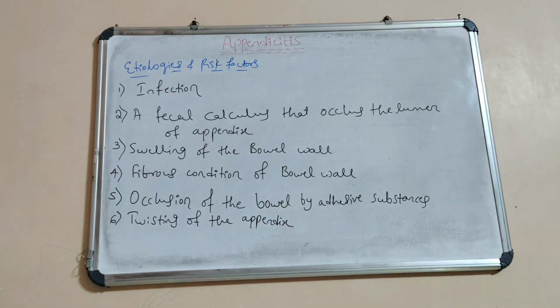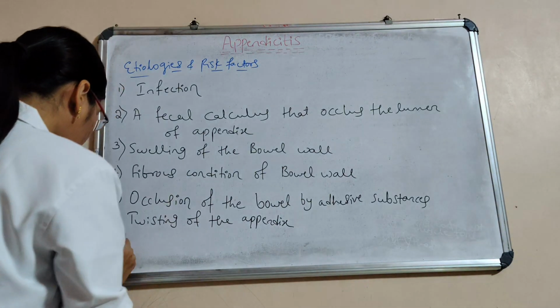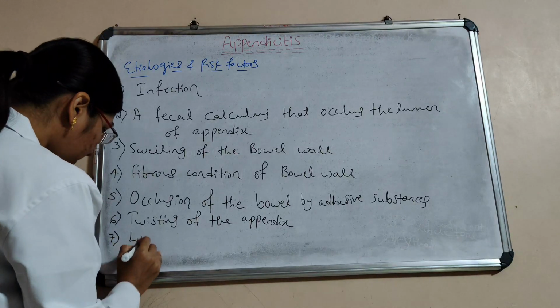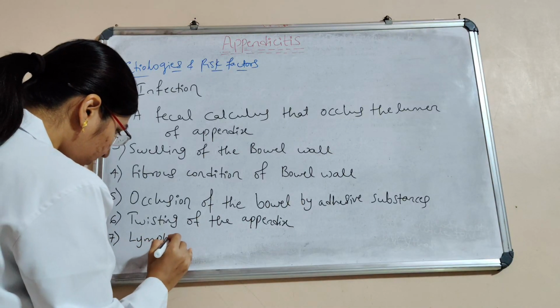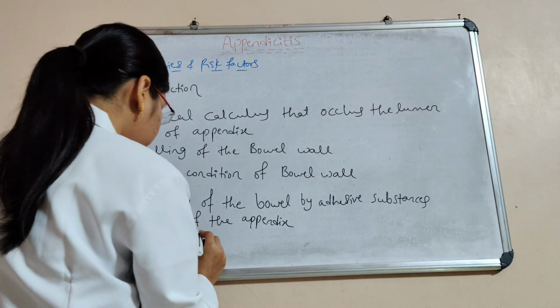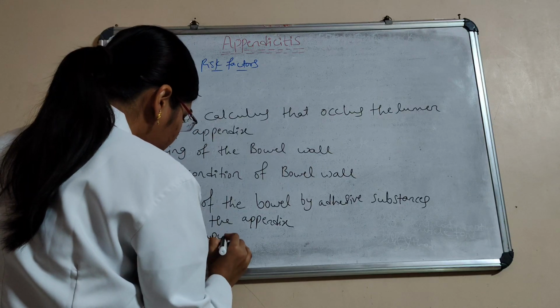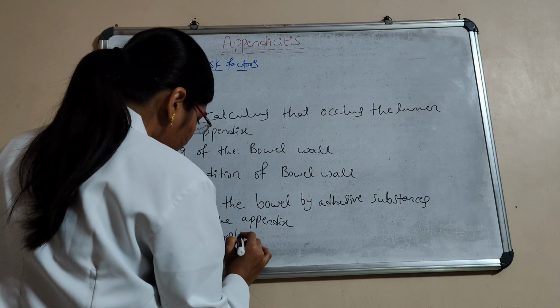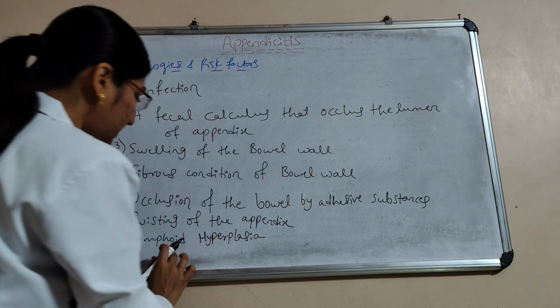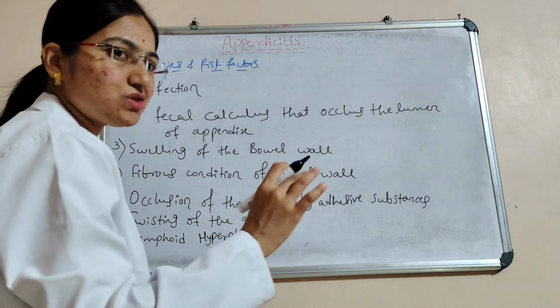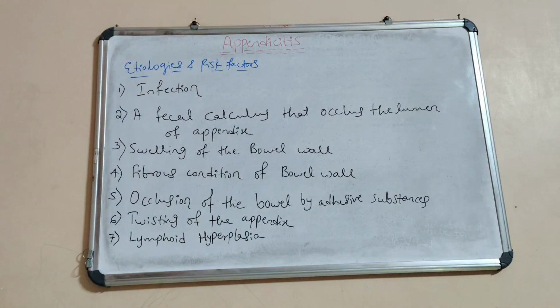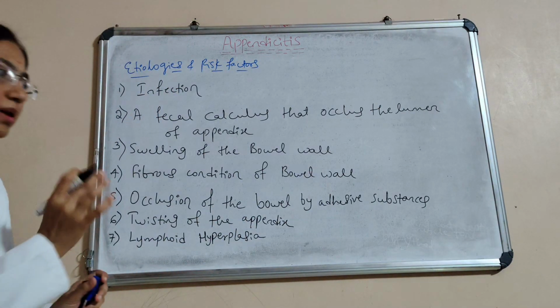And then most commonly we can say that lymphoid hyperplasia. Hyperplasia refers to the lymphatic tissue hyperplasia, abnormally increased in the number of cells, and also we can say that occlusion of bowel by tumor.